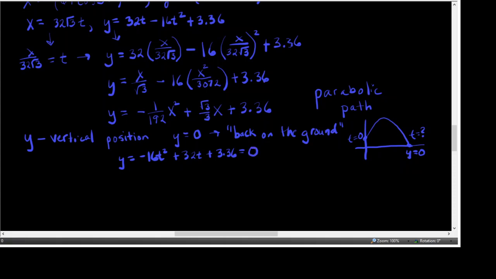Of course, that's not one that I think I'll be able to factor easily at all, so I'll need to use the quadratic formula. So t, the variable, will equal the opposite of b, the opposite of the coefficient of t, plus or minus the square root of b, which is 32, b squared, minus 4 times a, the coefficient of our squared variable, so negative 16, times c, which is the constant, 3.36.